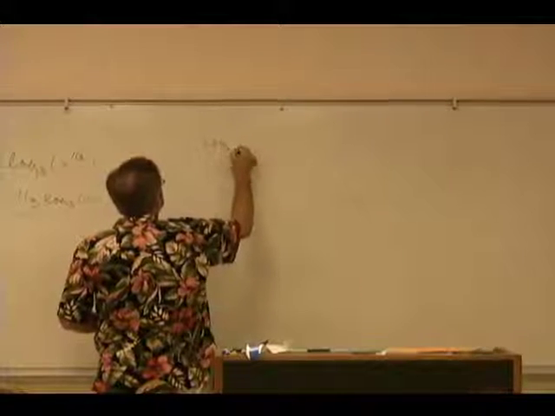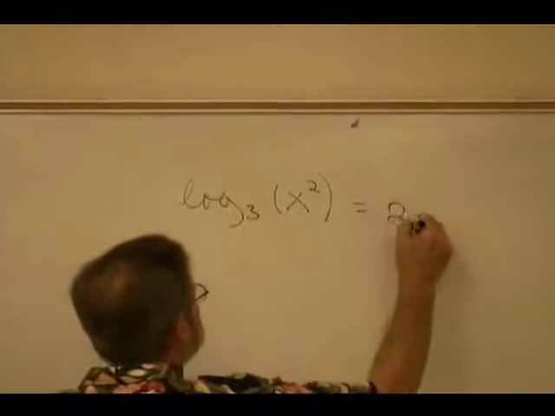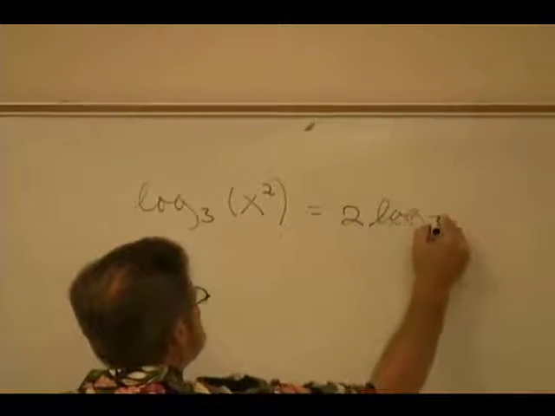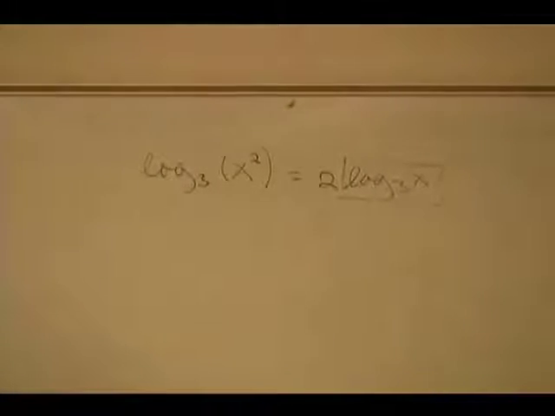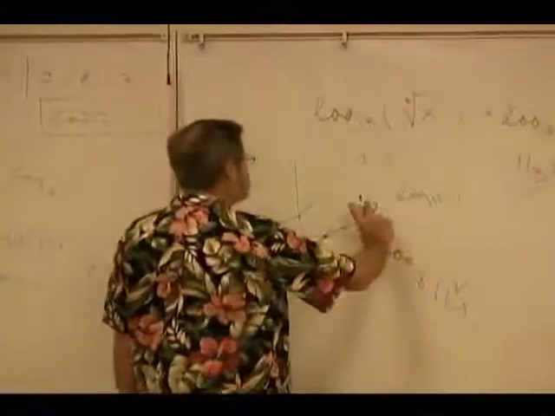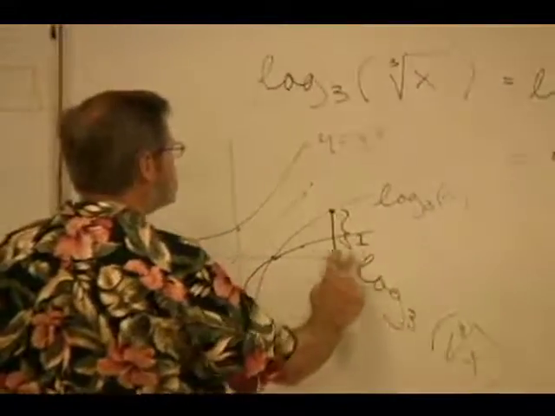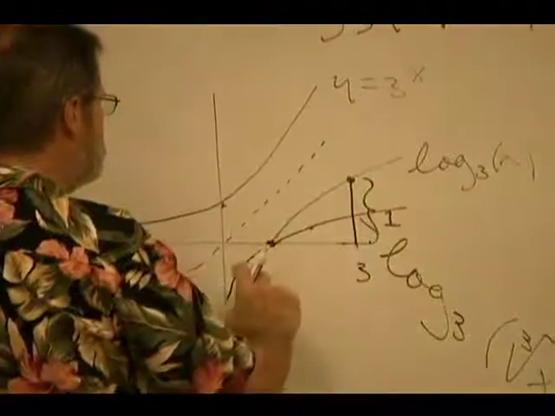Log to the base 3 of x squared, using the basic properties of logarithms. This is x raised to a power 2, which is the same thing as 2 times log to the base 3 of x. So we take log to the base 3 of x, which is this curve, and it's multiplied by a factor of 2. At 3, where this is 1, this becomes 2 times 1, so our other curve moves us up 2 units.